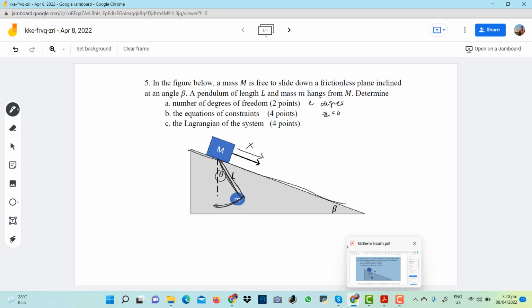So what is now the Lagrangian of the system? Letter D here is to find the equation of motion.